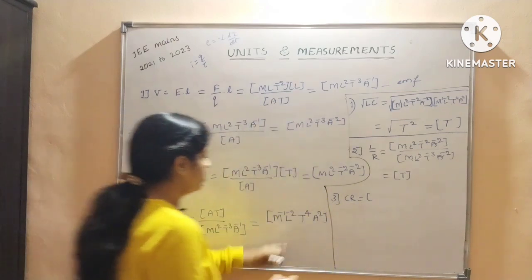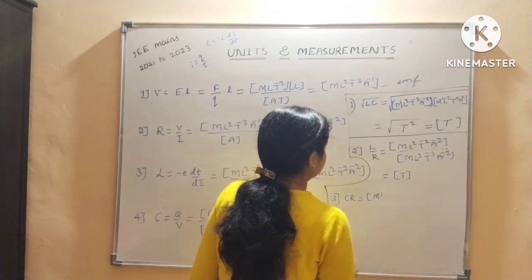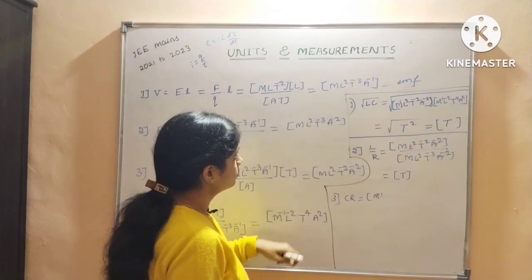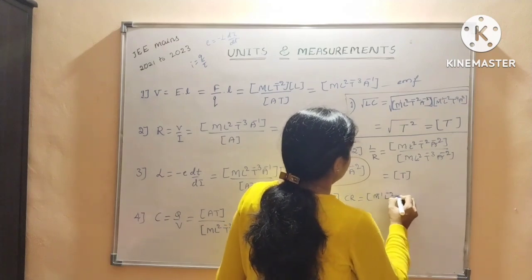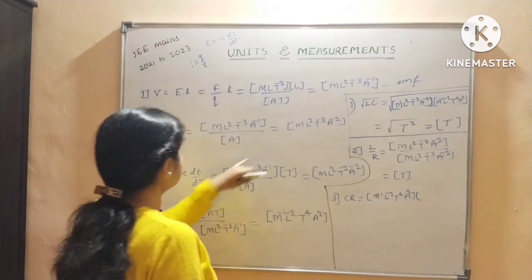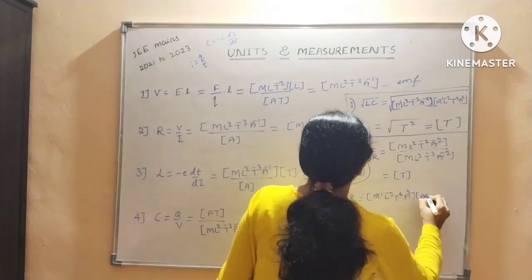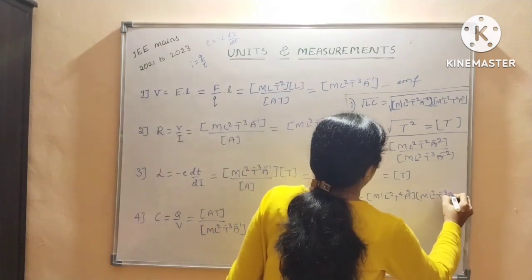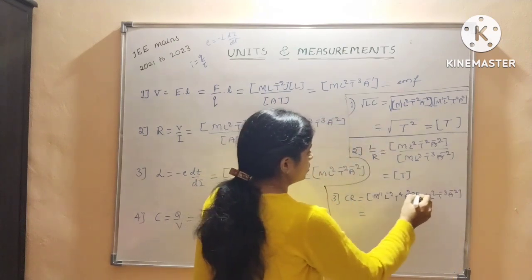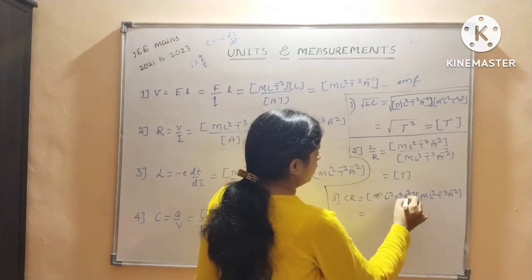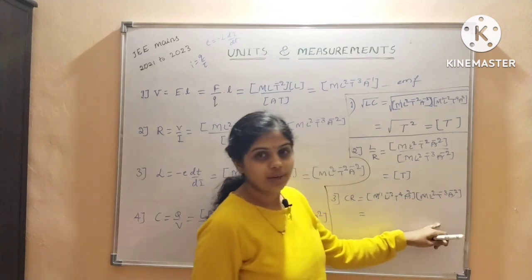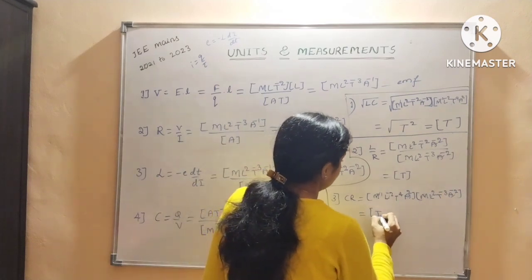Dimension of C is M power minus 1, L power minus 2, T power 4, A square. Dimension of R is ML square T power minus 3 A power minus 2, which is equal to M power minus 1 M, L power minus 2 L square, A power minus 2, T raised to 4, T raised to minus 3, that is T.